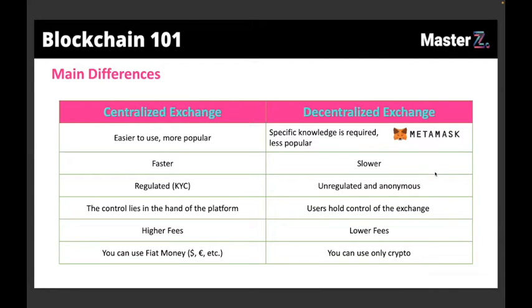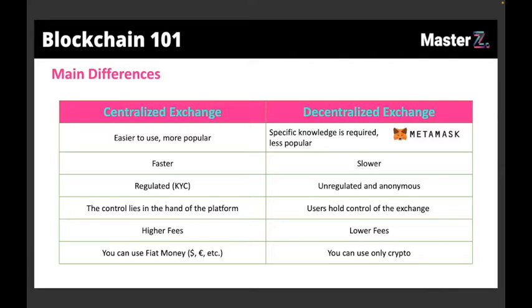Something you have to study to use decentralized exchanges is MetaMask. So you need to know how to open a wallet, how to interact with this wallet and with smart contracts online. It's not difficult. You can learn it really easily, and we can see it together later on. I will show you how to interact with Uniswap.